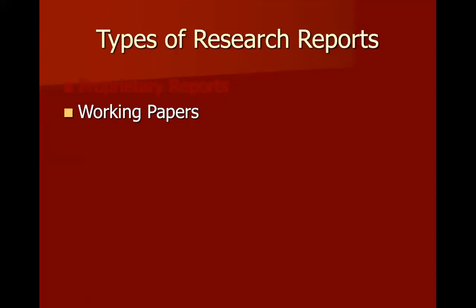Now, some organizations will let you publish working papers, and consultants that do research on practical problems for organizations will often write working papers, and they will put them on their website so other people can look at them, and it shows off their expertise, which could help them get more work, right? And it can also help other people solve similar types of problems. Okay, so they're kind of in progress while you're doing research, and you uncover problems and you might find solutions.